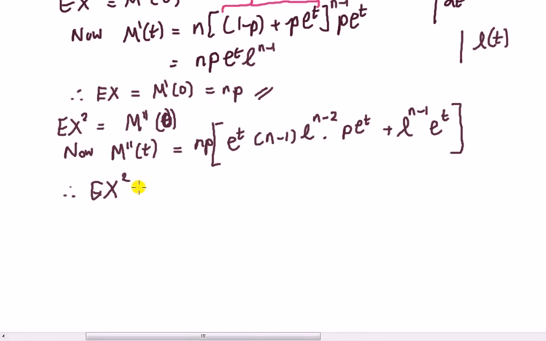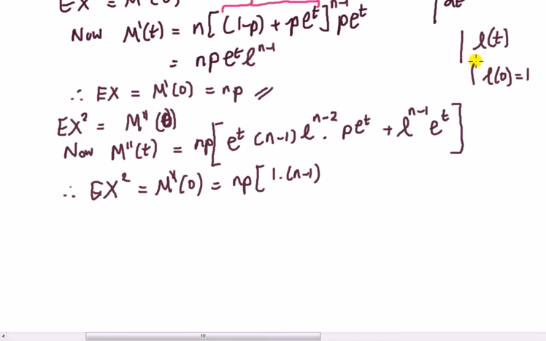Therefore, the second moment is the second derivative of the MGF evaluated at t = 0: np times e to the 0, that's 1, times n minus 1, L to the n minus 2. We can see that L here, if we put t = 0, is always going to be 1, isn't it?